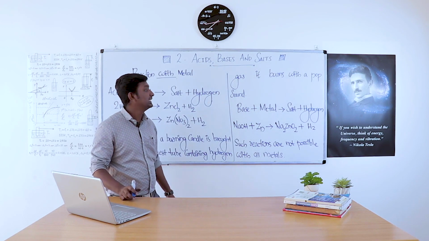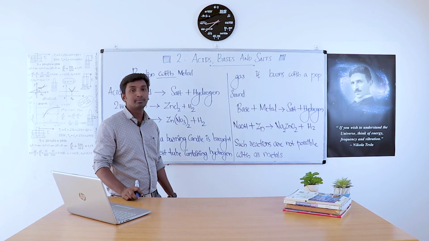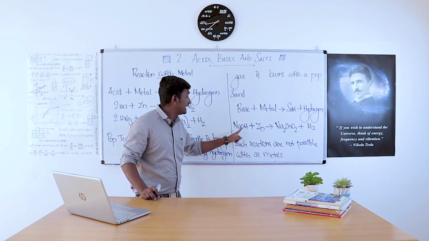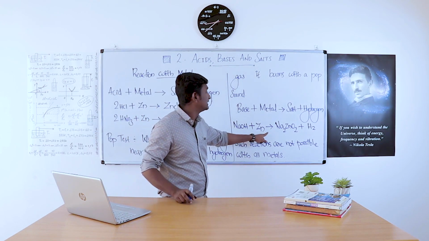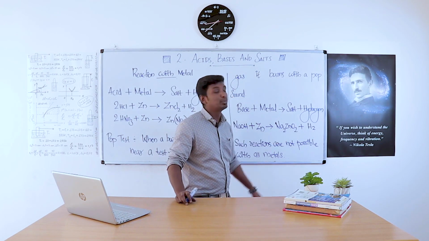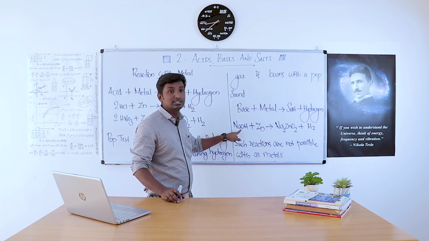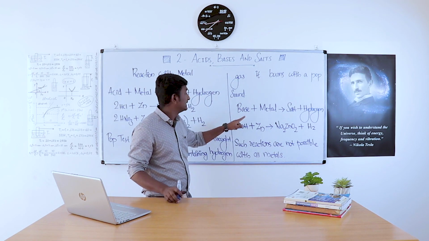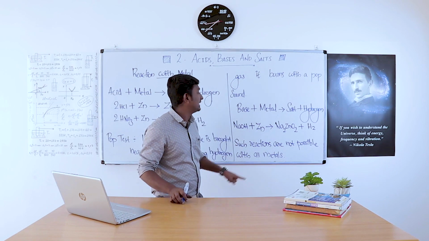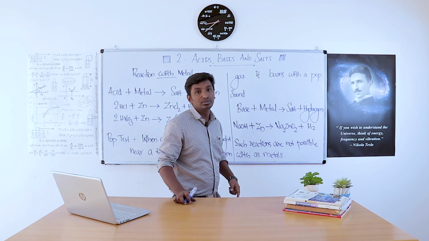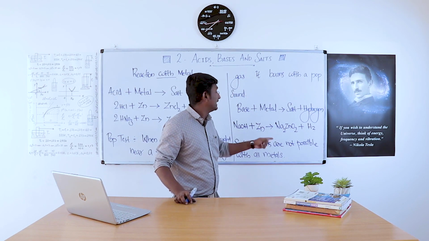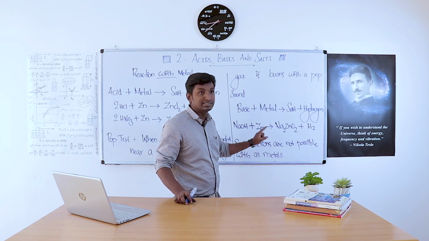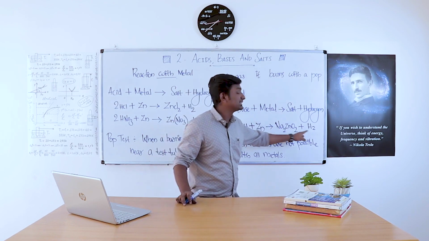An example is NaOH plus Zn gives Na2ZnO2 plus H2, where NaOH, sodium hydroxide, is a base, Zn, zinc, is a metal, Na2ZnO2 is sodium zincate, which is a salt, plus H2.